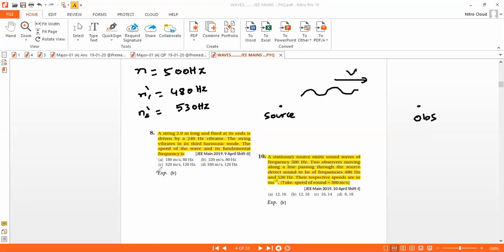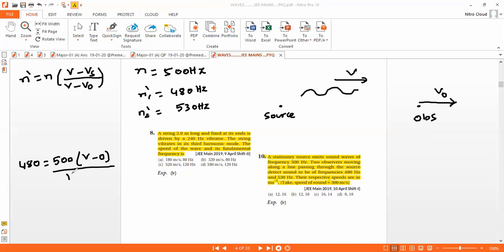Firstly, we have the formula n dash equal to n times (V minus Vs) by (V minus V naught). That means we need to find the observer speed. So n dash first, 480 equal to 500, the source is at rest, so V minus 0 by V minus V naught.